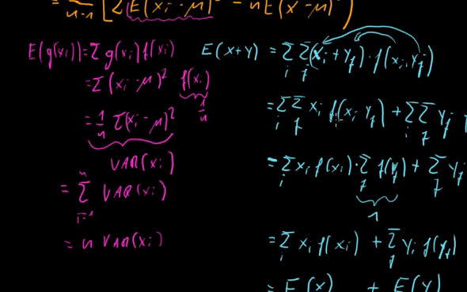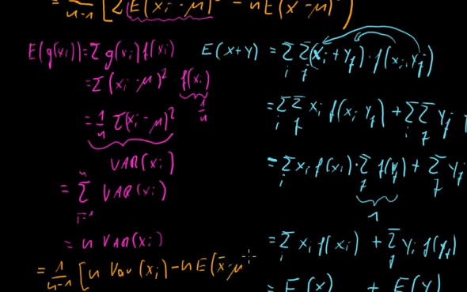And altogether we have, let's change the colors. We have now here the complete expression is 1 over n minus 1 times n times the variance of xi, and this expression here, n times the expected value of the average minus mu squared, in parentheses.